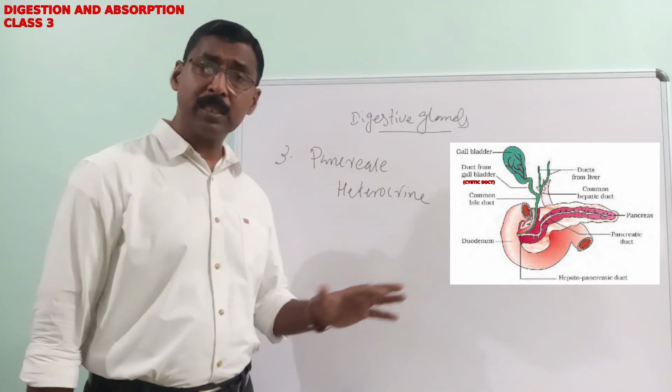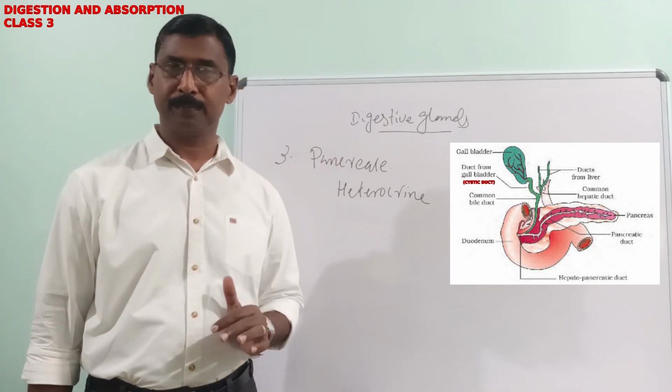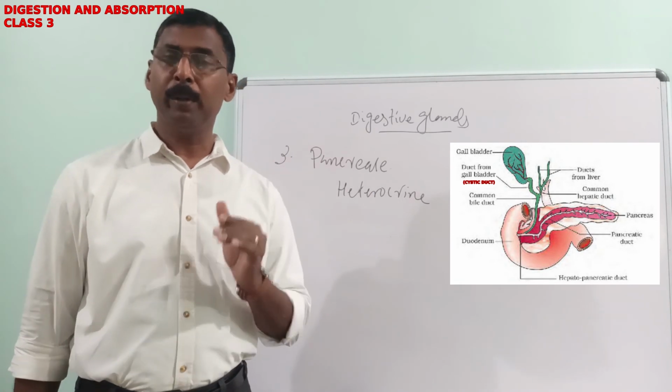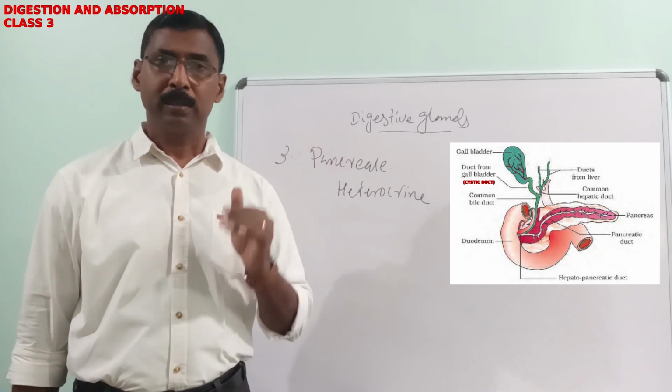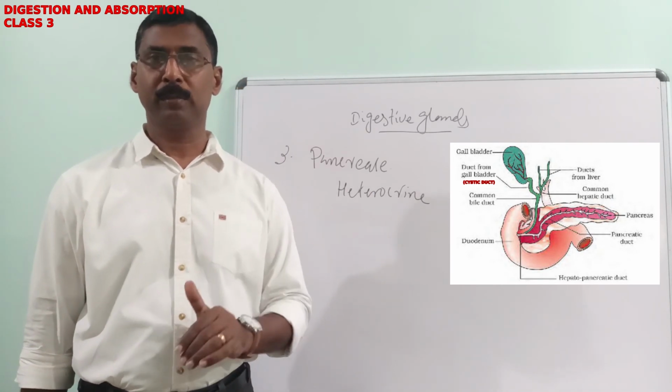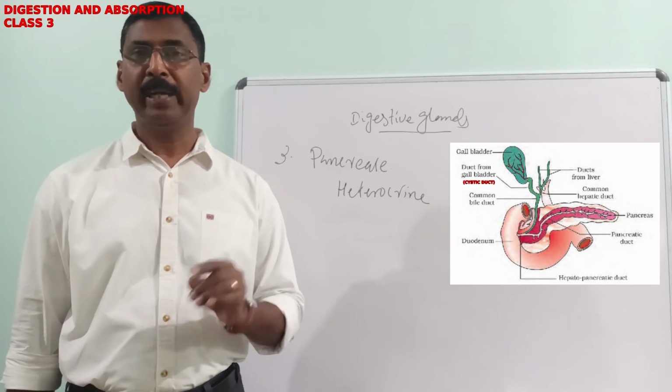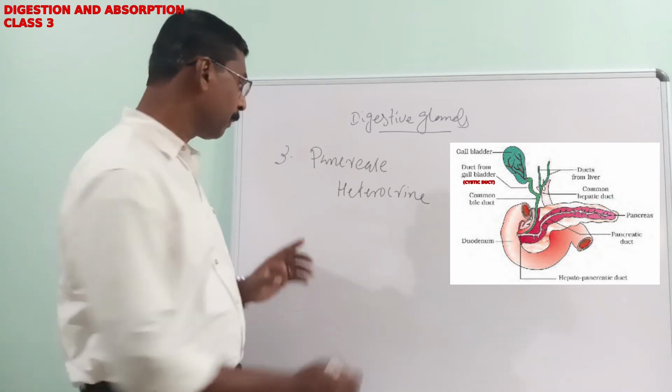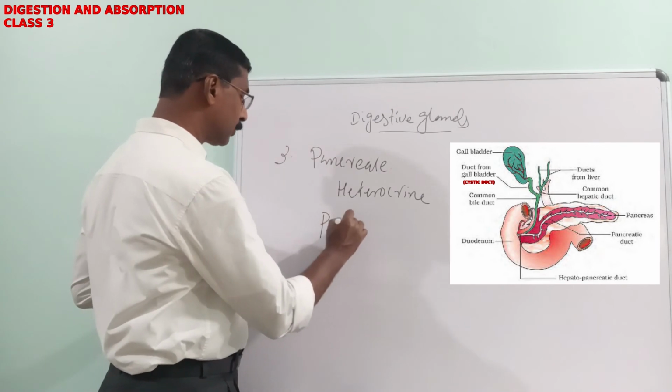Now the pancreas has an exocrine part also. The exocrine part of the pancreas secretes a juice called pancreatic juice.